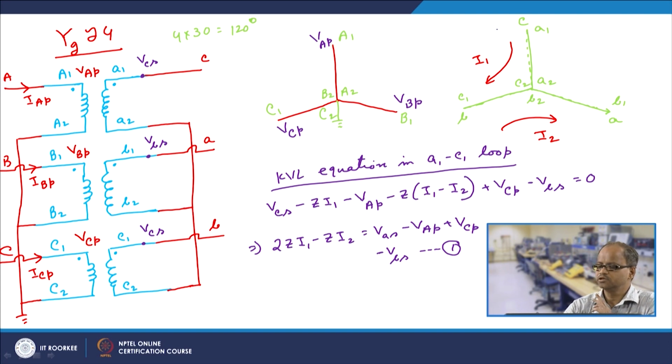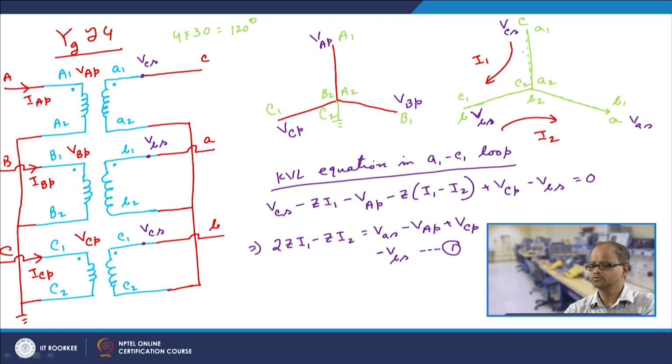So this potential is VCS, this potential is VAS, and this potential is VBS. So we should write them. This potential is VAS because B1 is A phase, A1 is C phase, and C1 is B phase.